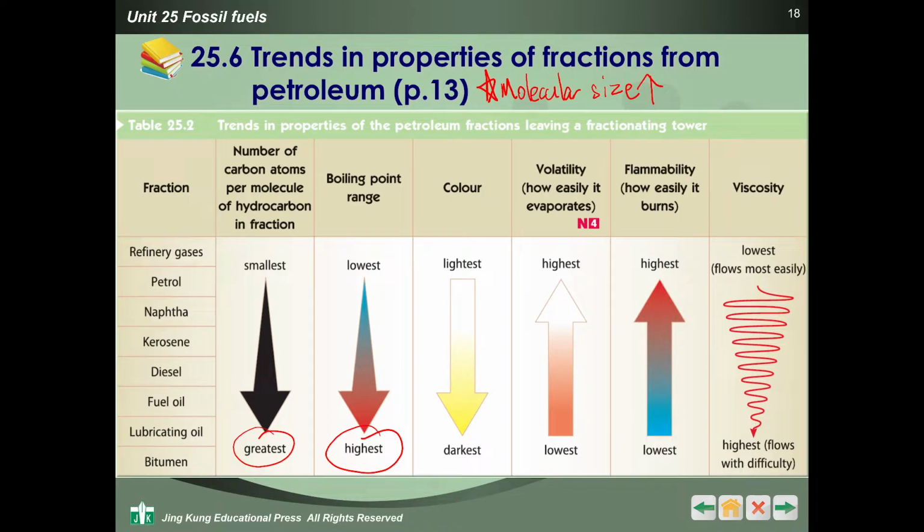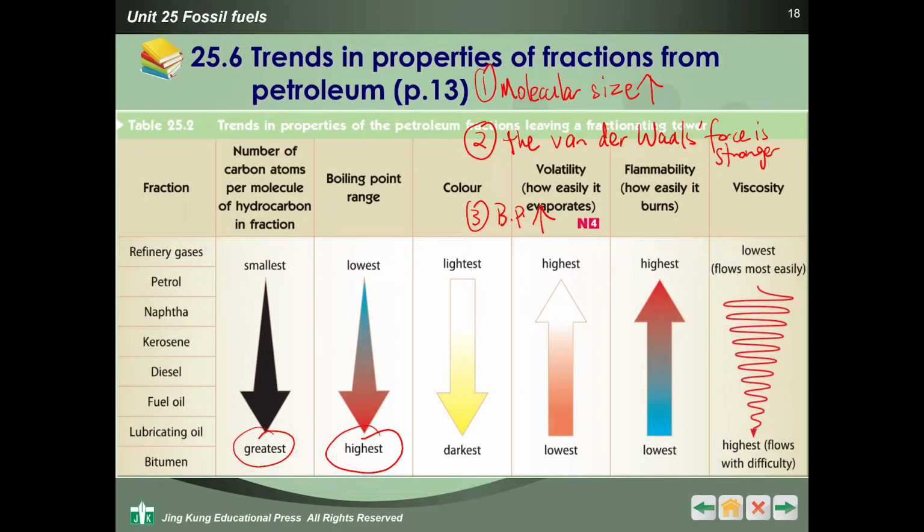And then always use the same answering technique. First, mention the molecular size is larger. Then the second reason would be the van der Waals force, or the intermolecular force, is stronger, and that's why the boiling point would be higher.